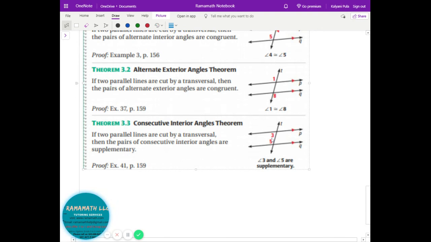What is the meaning of supplementary? When you add them, you get 180 degrees. So when you add angle 3 plus angle 5, you're going to get 180 degrees. So that's called supplementary angles. These three theorems we use in math to answer some of the questions.